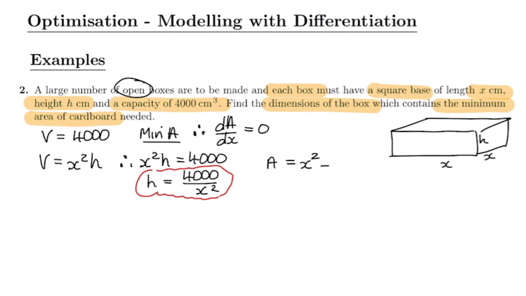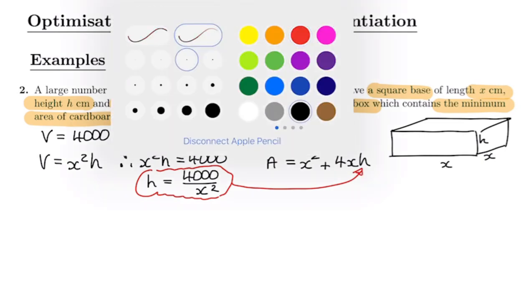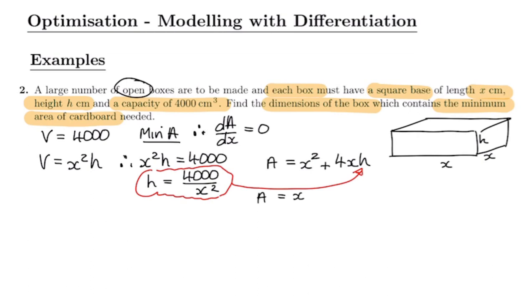The 4 sides are identical, so I've got 4xh. The front, the back, and the 2 sides are all xh. What I'm then going to do is substitute h into that. So I get A equals x squared plus 4x times 4,000 over x squared. That then gives me A equals x squared plus 16,000 x to the minus 1.